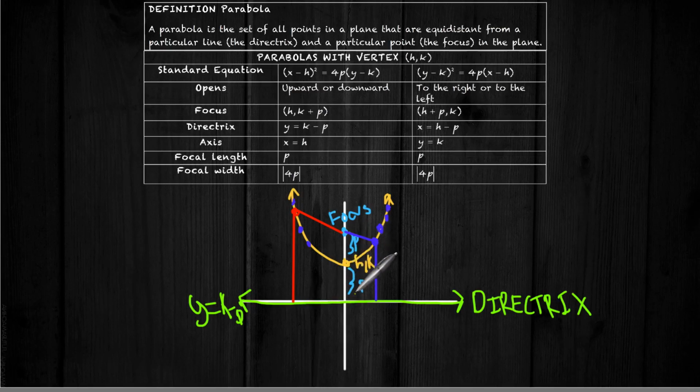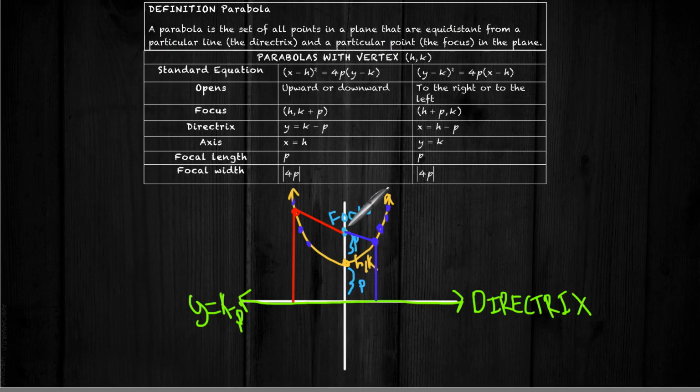And so do you notice that the directrix is located a distance of p below, or above if it's an upside down parabola. In this case it's a right side up parabola, so it's going to be a distance of p below the vertex, and so therefore this line is going to have the equation y equals k, the y coordinate of the vertex, minus p.